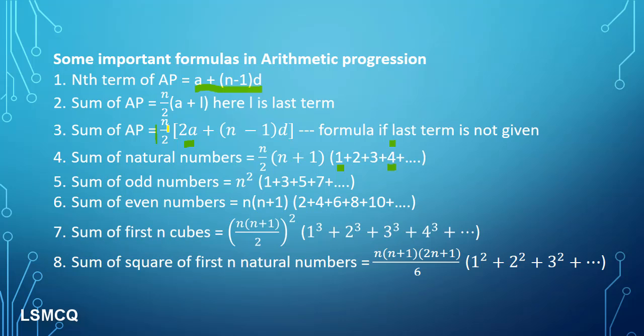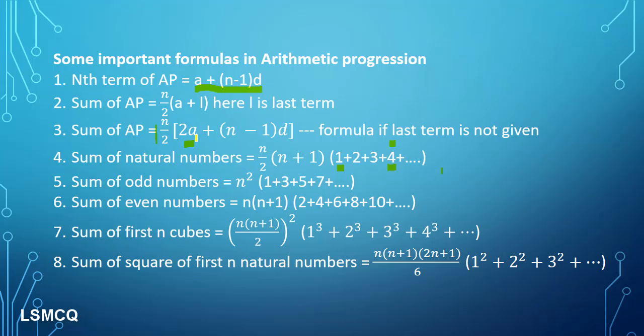n is the number of terms you want to find the sum up to. Let's take the same series and say you want to find the sum up to 10. So you want to find the sum of 1 plus 2 plus 3 plus 4 plus 5 plus 6 plus 7 plus 8 plus 9 plus 10. If you want to find the sum of that, then n is 10.